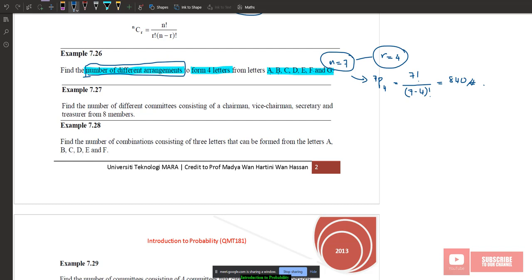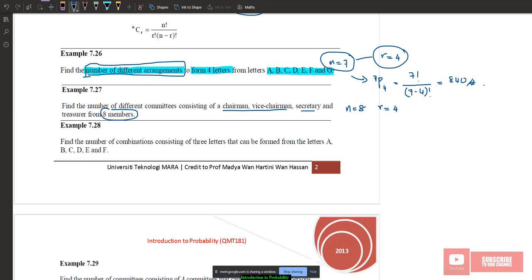Now, look at example number 7.27. Find the number of different committees consisting of chairman, vice president, secretary, and treasurer from 8 members. So this is the same example that I gave earlier. We have n equal to 8. From 8, we want to choose 4 members.